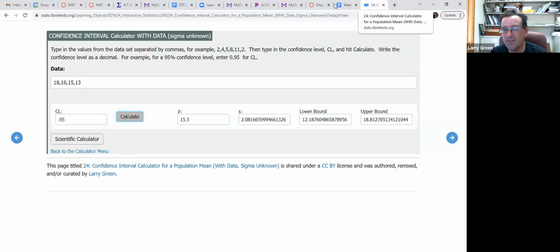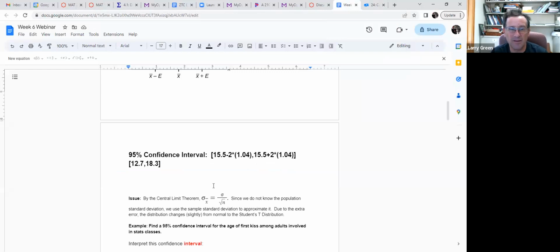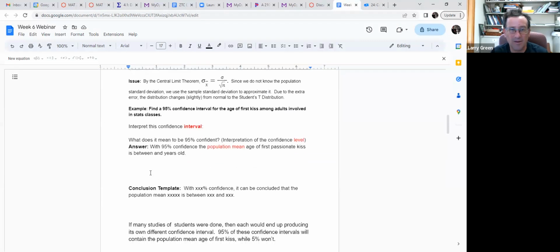So 12.2 to 18.8. Any questions on this at all?